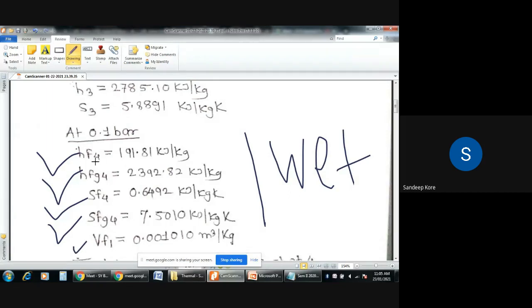Why 4? Because it is state point 4. So HF4 is equal to 199, HFG4 is equal to 2392, SF4 is equal to 0.64, SFG is equal to 7.5 kilojoule per kg Kelvin. So this data we have noted.